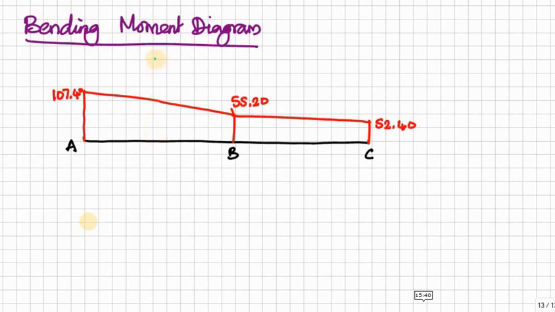For span AB we have UDL, therefore parabolic form, and the maximum value is 135 kilonewton meter. Similarly for BC we have a triangular distribution. Under the point load we have 96 kilonewton meter.